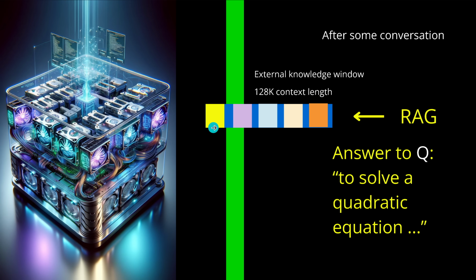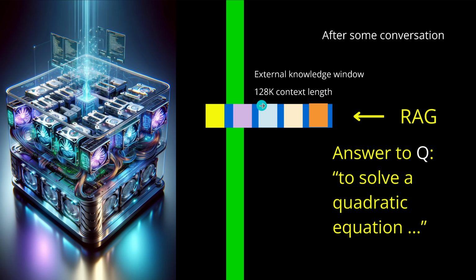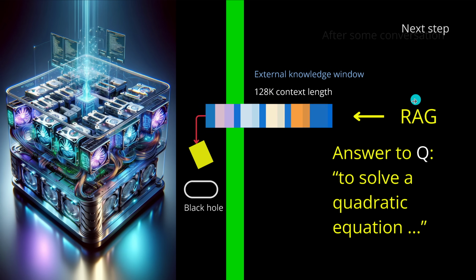And you remember, the yellow one is where I have the solution to a problem, how to solve a quadratic equation. And now it happens that, having a conversation and having other topics and other problems and maybe other equations with different numerical values, this knowledge comes to the end of my 128K context length, or your 8K context length, whatever system you use.